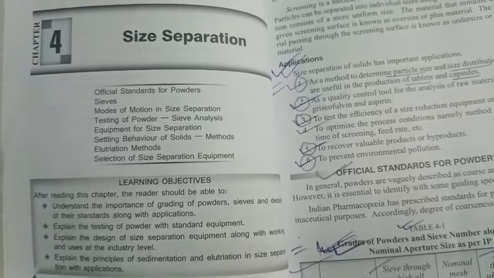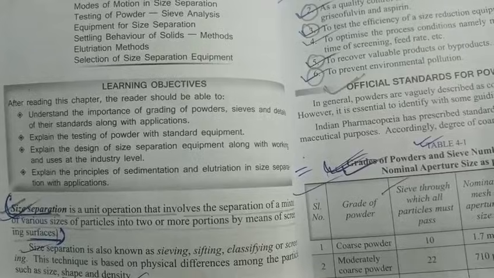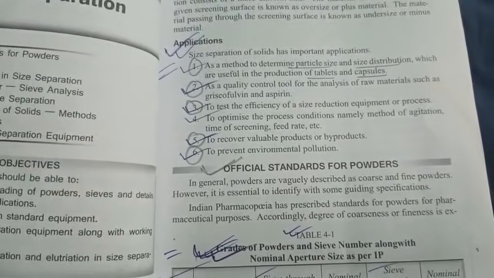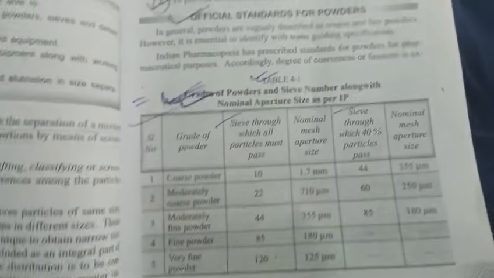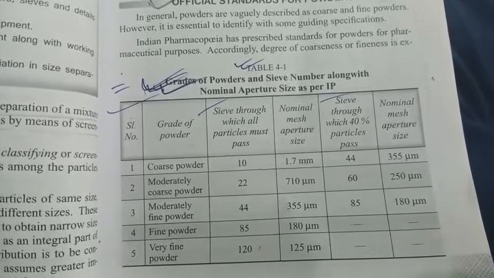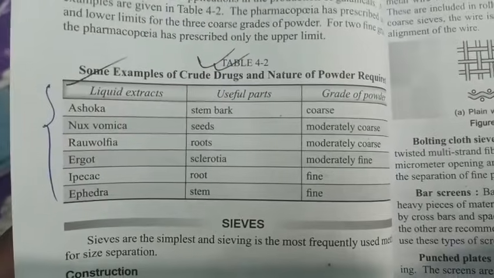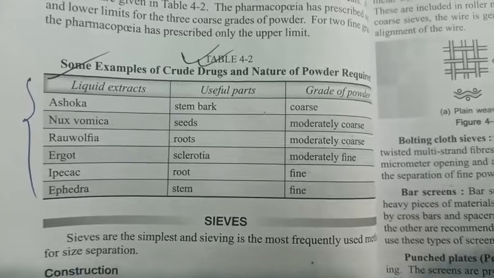Size separation. For size separation, you have to know first what you mean by size separation, and then what the advantages are, that is, what the importance is. The main thing is this table, the official standard for powders. Short questions will come from here. Learn this table also, with examples of crude drugs and nature of powder required.